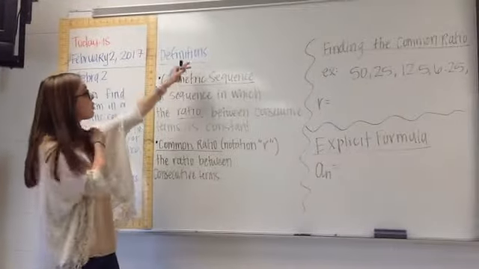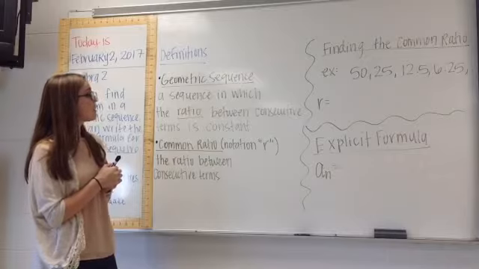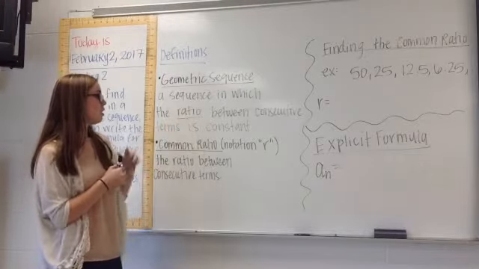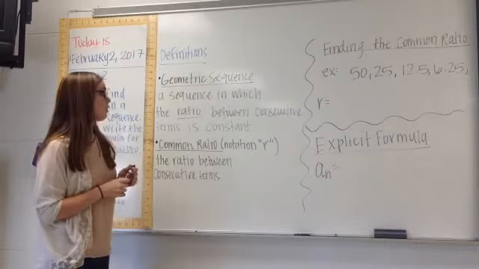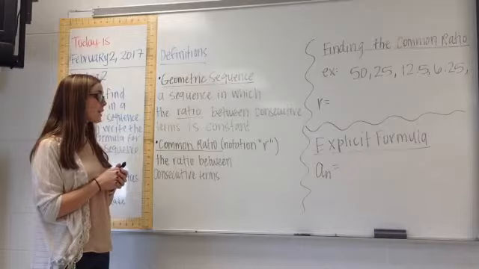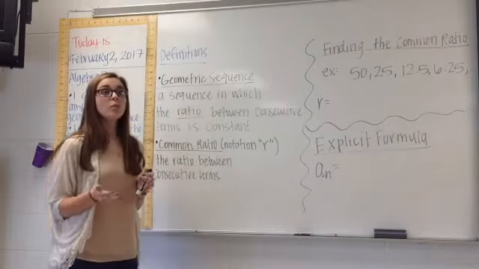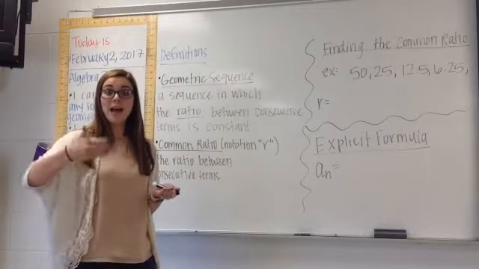Alright, so first thing we need to identify some definitions so we can get through this part. Geometric sequence. That is a sequence in which the ratio between consecutive terms is constant. A common ratio, which we're going to use notation R, which should sound familiar, that's kind of like our common difference, like D, the pattern.